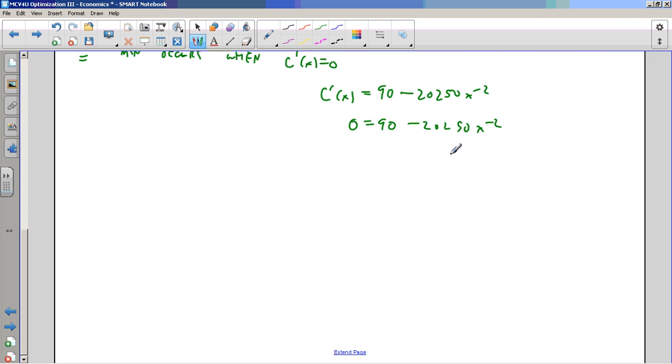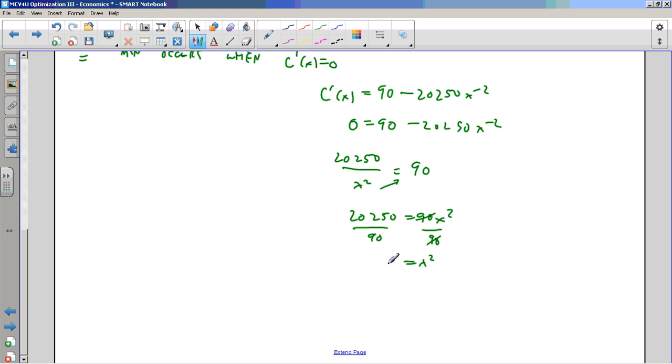Solve this. I'm going to put that on the other side. The X is going to go down into the bottom for me. Cross multiply, right? Negative exponent means it's in the fraction. Divide by 90 on both sides. Square root. I can discard the negative, of course.